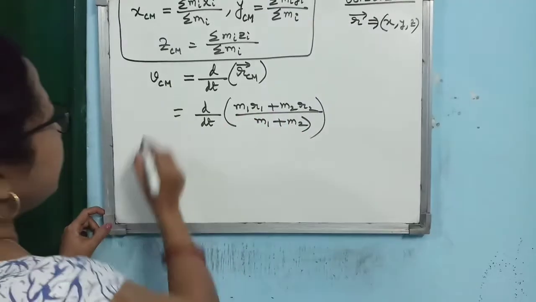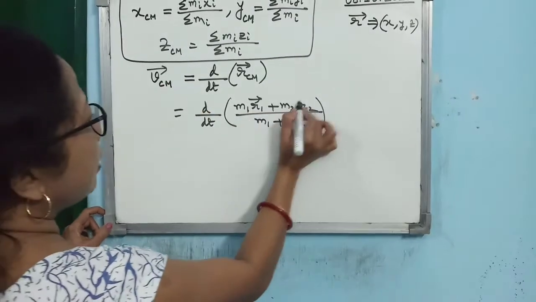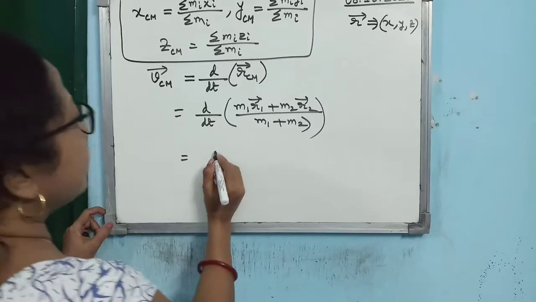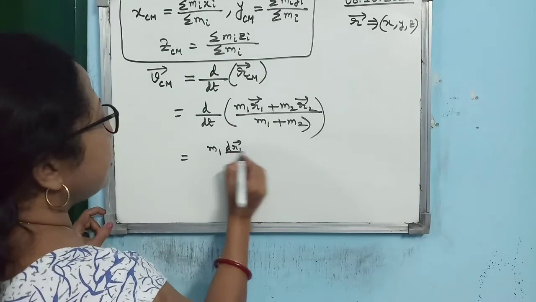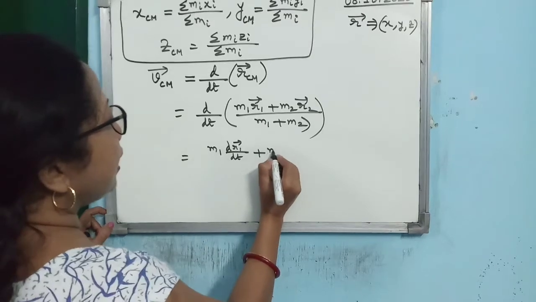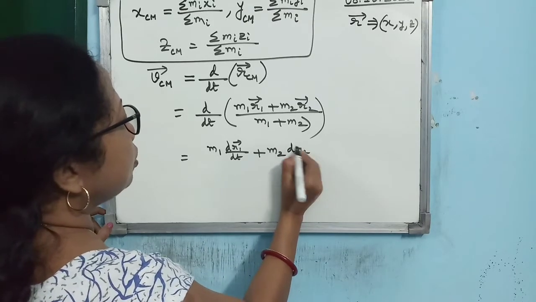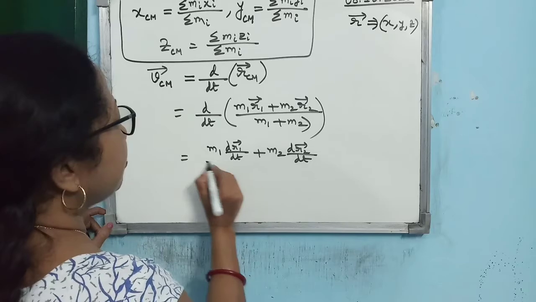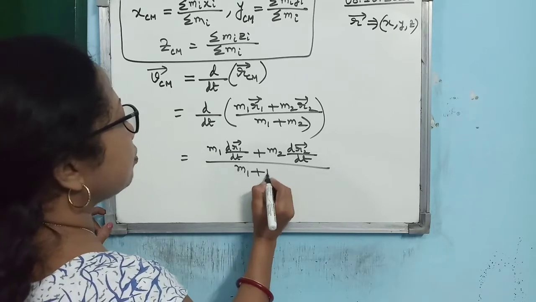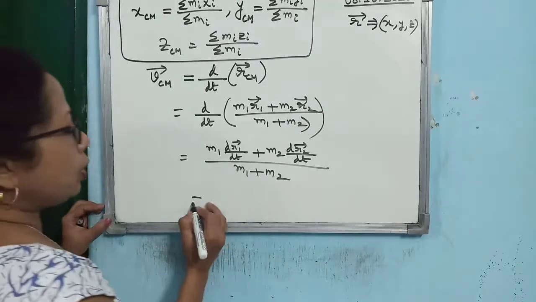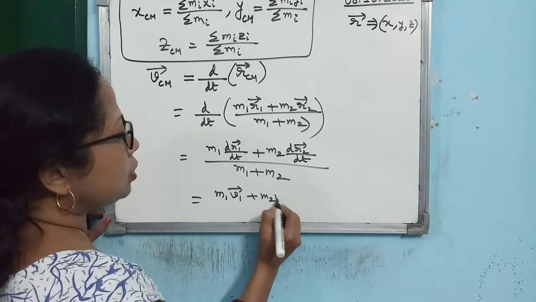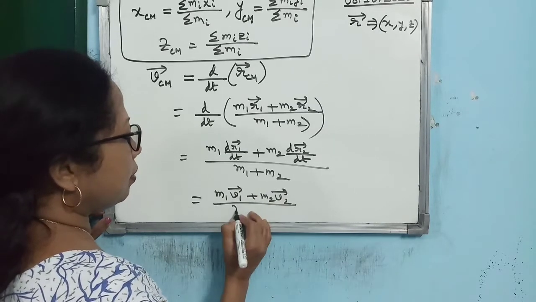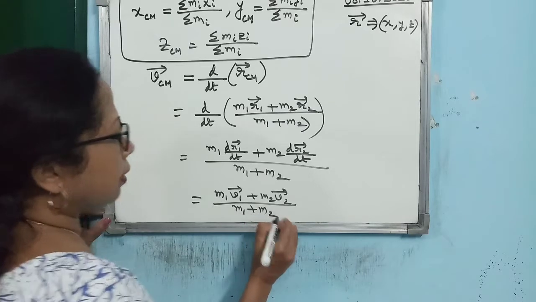In this case you can write it like this: M1 dR1 by dt plus M2 dR2 by dt divided by M1 plus M2. So you can write it simply as M1 V1 plus M2 V2 divided by M1 plus M2.